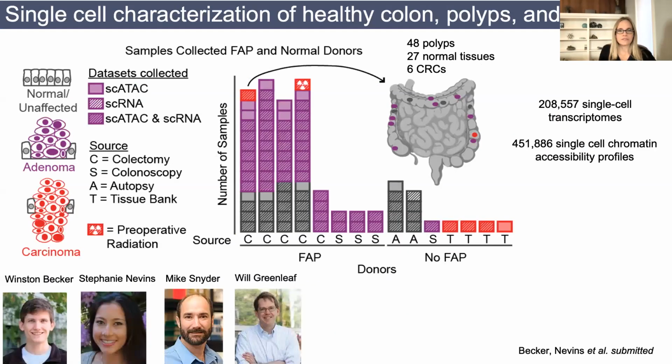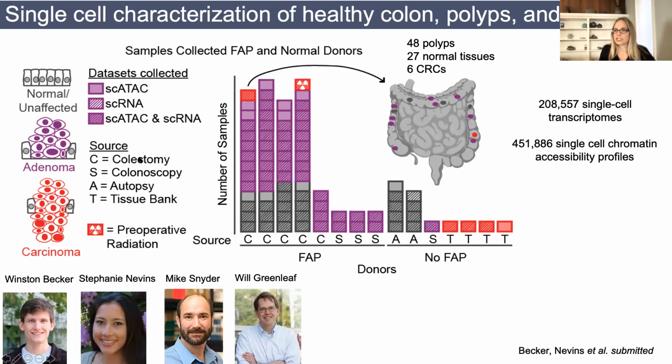So shifting gears a little bit and coming back to single cell analyses that we've been able to pursue on this cohort, in work that was led by Winston Becker and Stephanie Nevins, two graduate students, together with Mike Snyder and Will Greenleaf, we've been able to survey at unprecedented resolution regions of normal, unaffected mucosa, adenomas, and carcinomas.